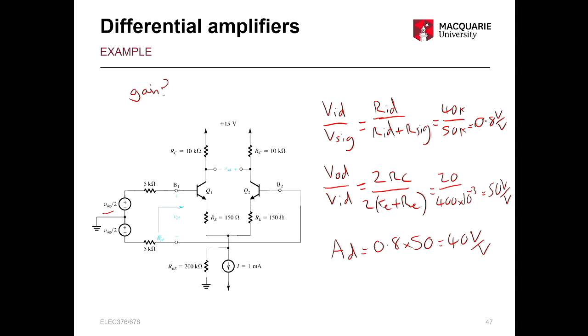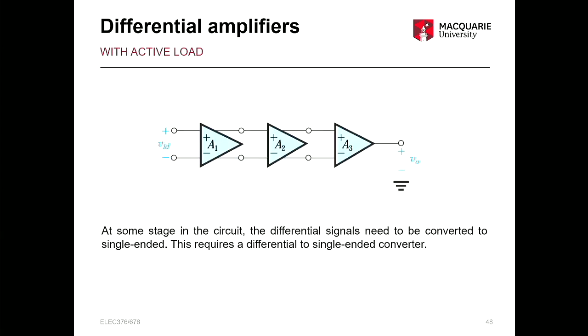We'll leave that one there. So we'll just finish up on active load. We've talked a lot about the differential output and the advantages of differential output, of which there are a few, especially avoiding noise in your circuit and getting maximum gain, okay? Because as soon as you go to single-ended output, you basically cut your gain in half.